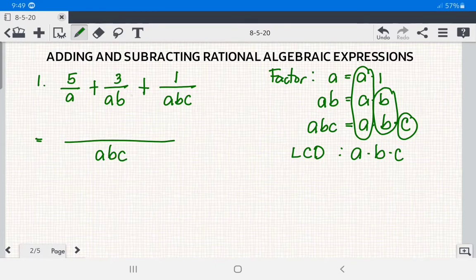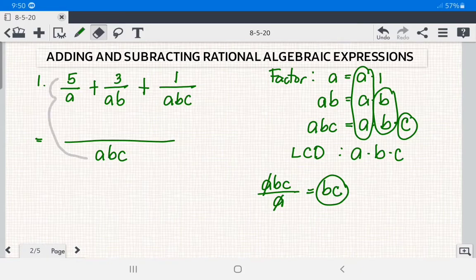Then after that, let us divide, okay? So, abc divided by a, we have bc only, because if we cancel a, a divided by a is 1, so we have only bc. This bc, you're going to multiply by 5, so we have here 5bc.